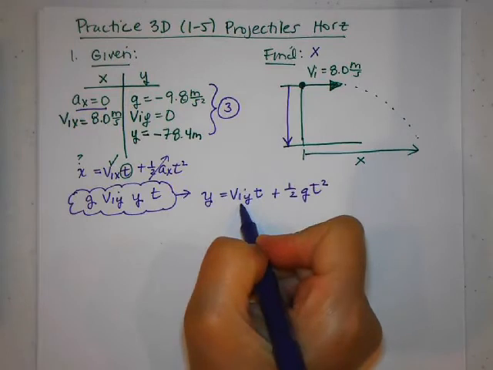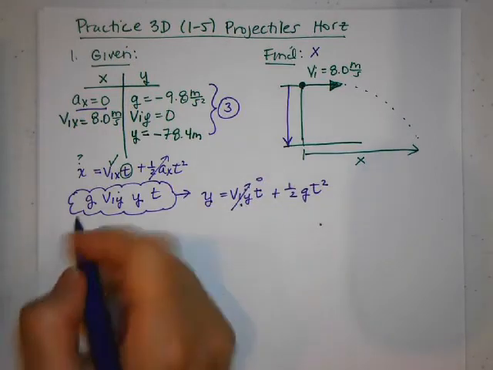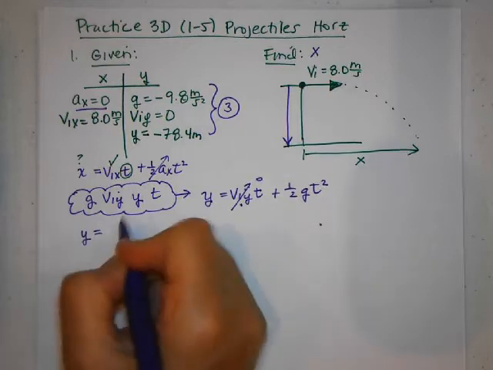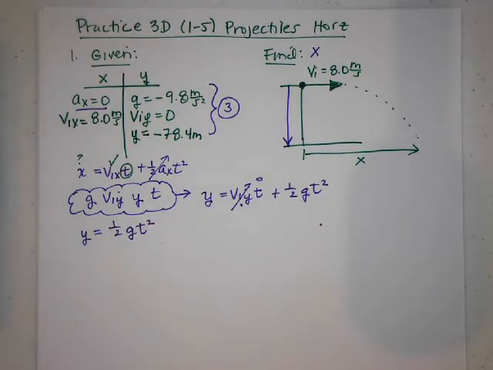Now Viy is 0, so this whole term goes to 0. So now I have y is equal to 1/2 g t squared. Now I'm not going to just substitute in my values. I'm going to rearrange the equation to solve for the unknown in terms of the known, and then substitute and solve.